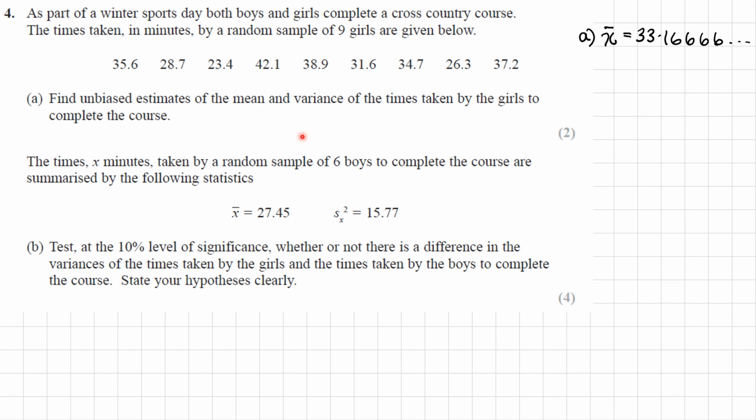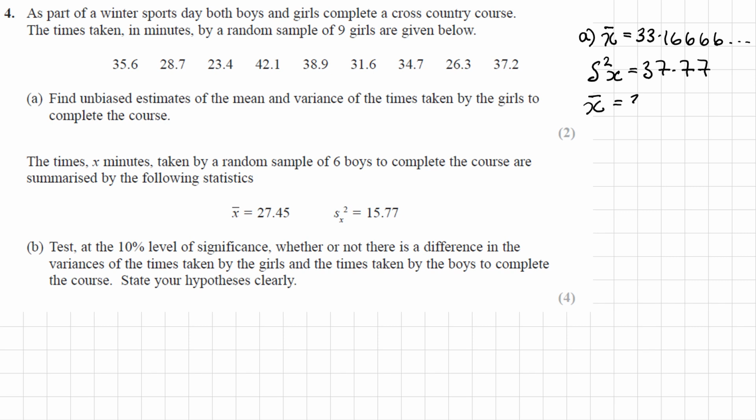And for the unbiased estimate for the variance, I'm looking for s squared x. Now on my calculator that comes up as 37.77. Right, so I probably want to give my answers to maybe 3 significant figures.